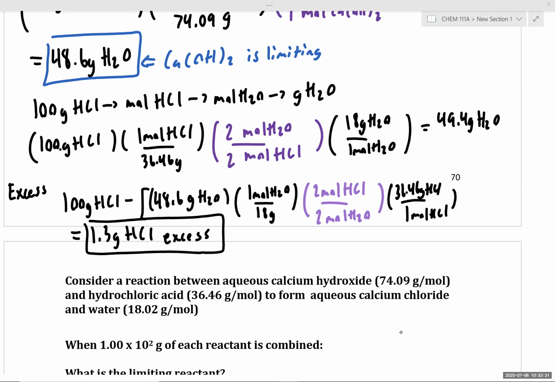Oh, yeah, this should be 1.56 that we in turn round to 1.6 grams of hydrochloric acid. Yep. I think I truncated the last part of our molar mass. So there was a small amount of result drift.